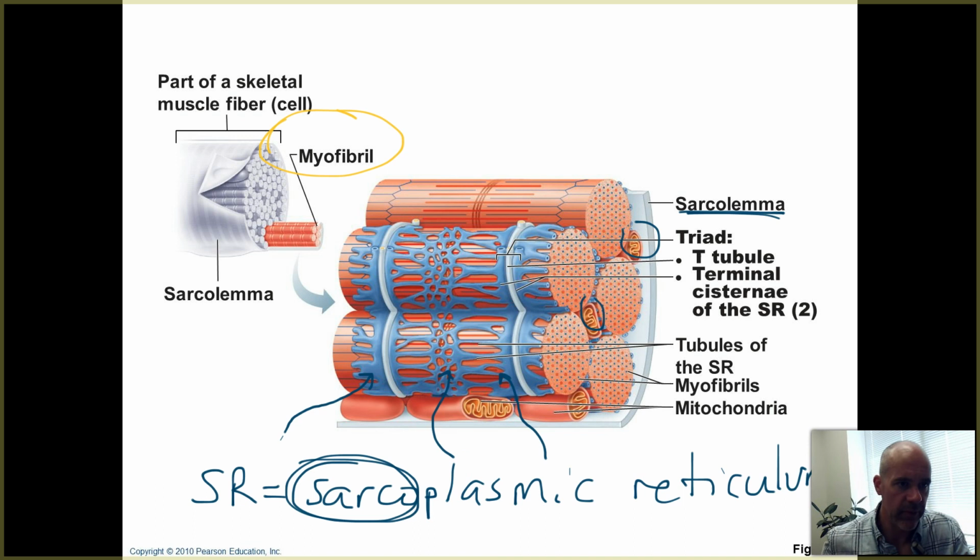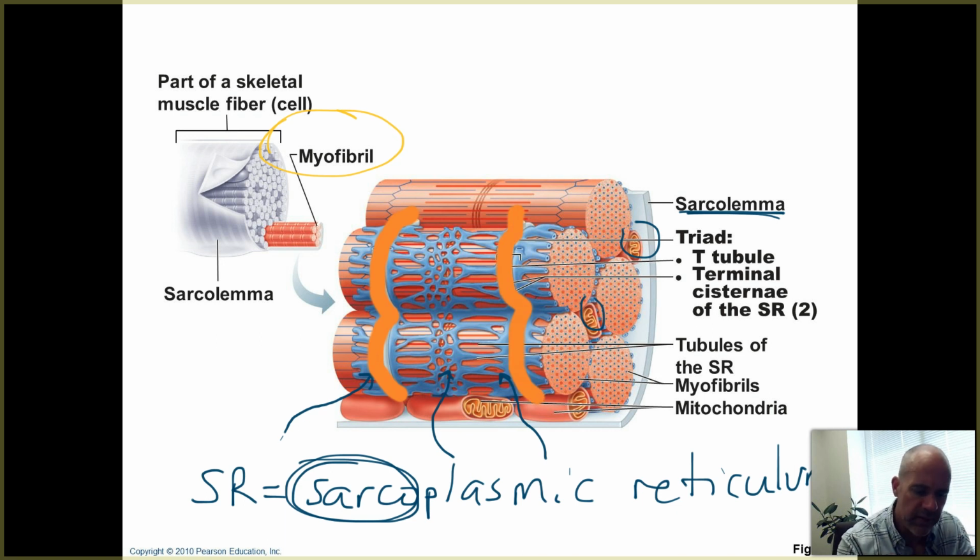All right, so you have those. And then if you notice on here also, running in a perpendicular direction and looping around myofibrils right there and over here, each of those is called a T-tubule, or transverse tubule.